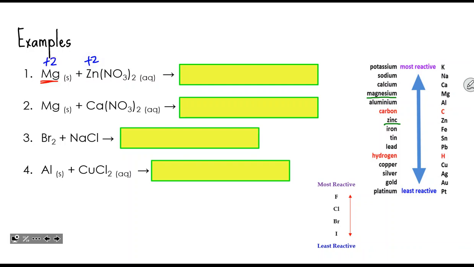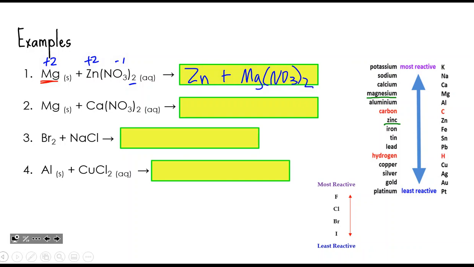So that's going to be an easy switch. Remember, nitrate's -1, that's why there's 2 out here. So we're going to get the zinc plus the Mg(NO3)2. Now this one's already balanced because there's 2 nitrates, 1 zinc, and 1 magnesium on each side. So that one's already good.